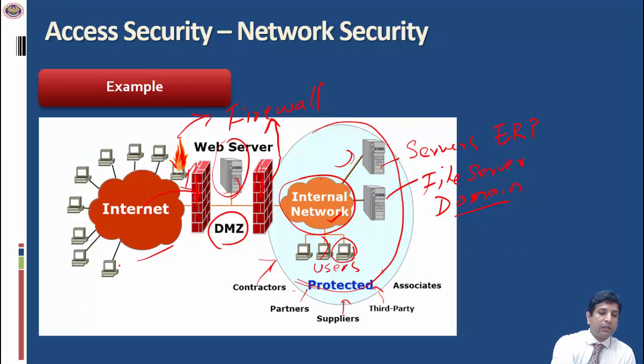And here we can see there are remote users who are trying to access the system of the company through a remote internet connection, possibly using a VPN. We need to make sure that a VPN is used when connecting remotely, because VPN provides a secure tunnel to access the internal network.